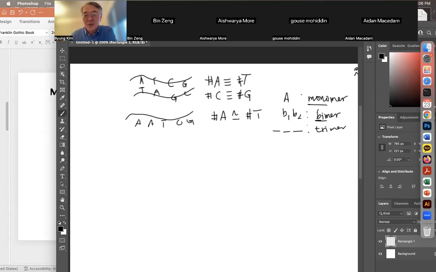Yeah, Greek counting words for the particular number of bases in the group. So any one of these is called an oligomer. When you talk about an oligomer, it can be a monomer, a single nucleotide, or a trimer, or a group of 4 bases, or 5, and so forth. So it's a generic term.